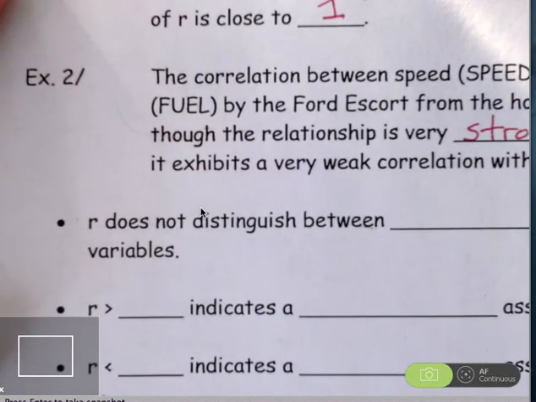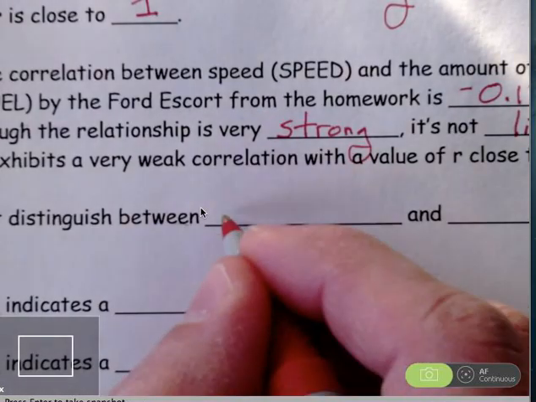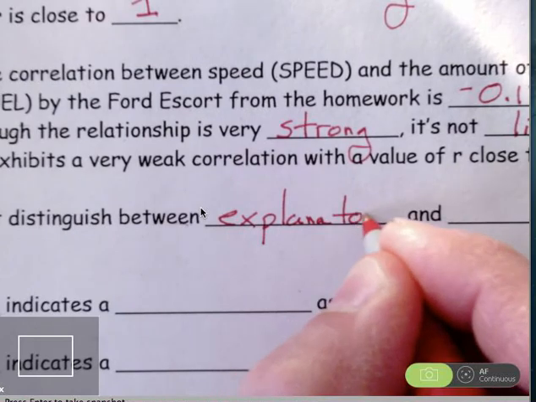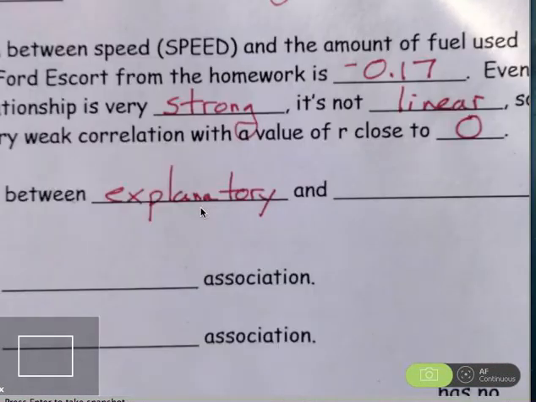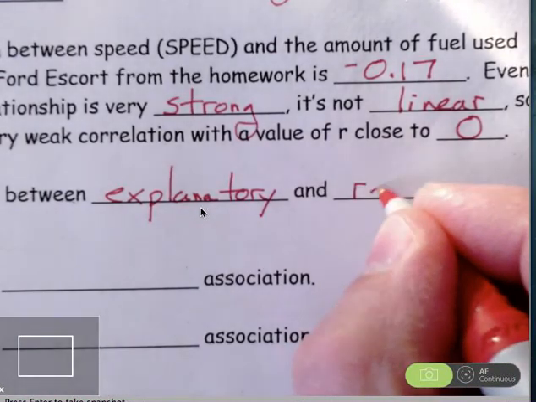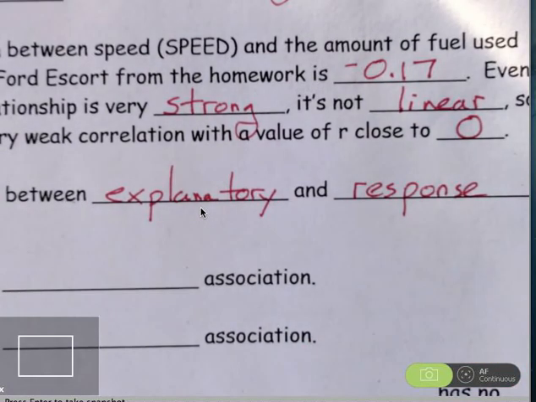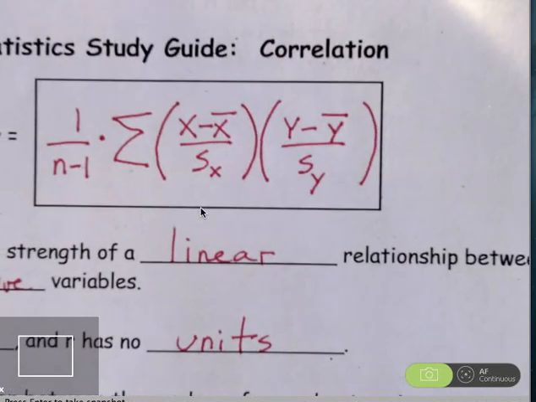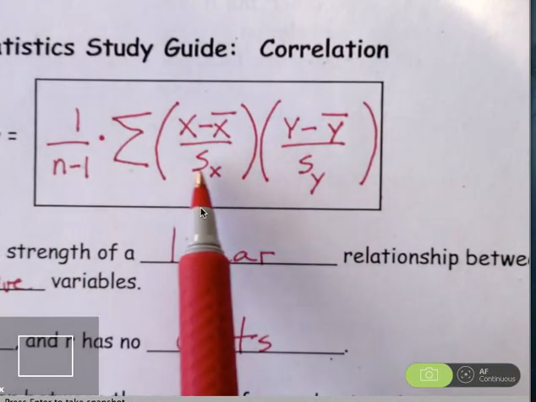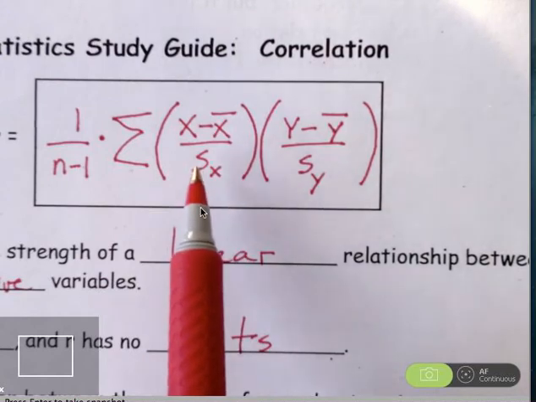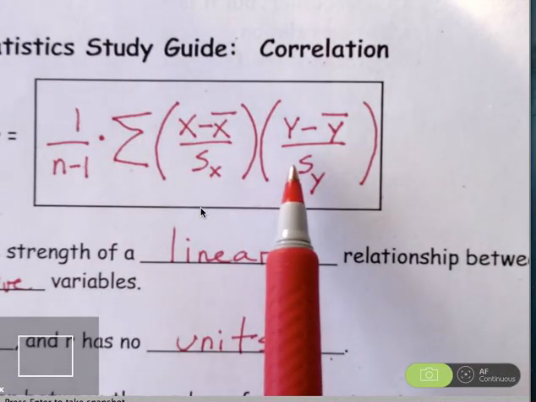Correlation does not distinguish between explanatory and response variables. The reason this is the case is because we are multiplying. It doesn't matter whether x comes first or y comes first. We're simply taking the z-score for x and the z-score for y and multiplying them together.